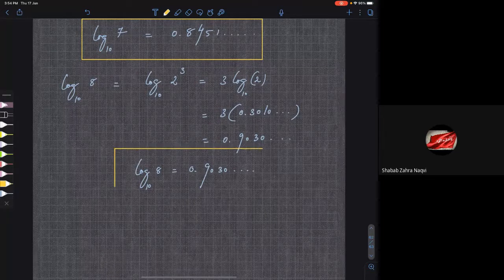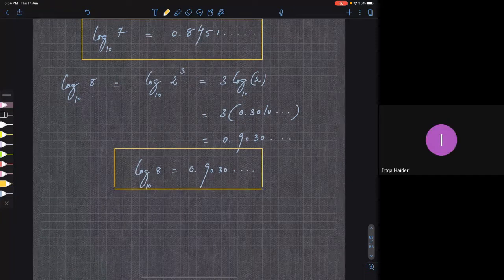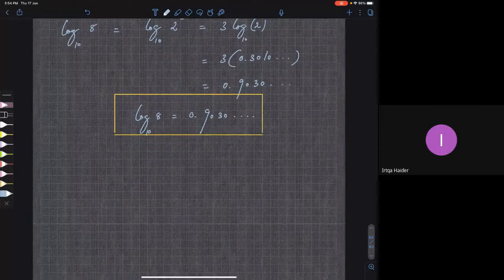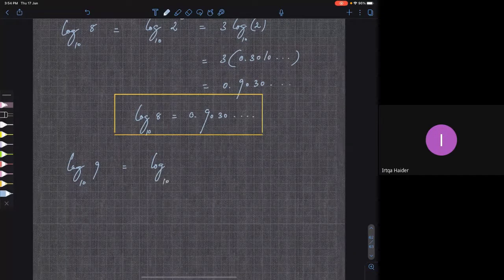Now there is one more number that we need to check. That is 9. Now tell me, do you require to remember the value of log 9? No. Because log 9 can be written as what? Log of 3 square.